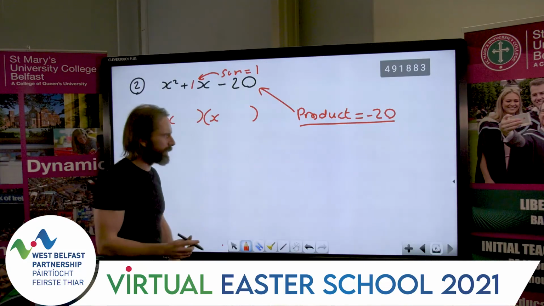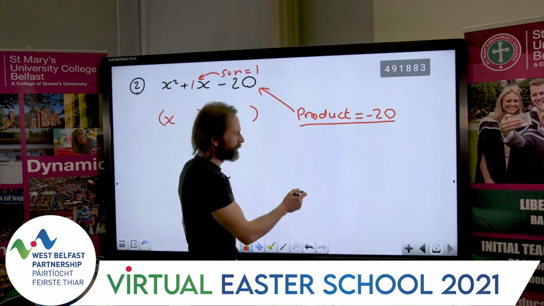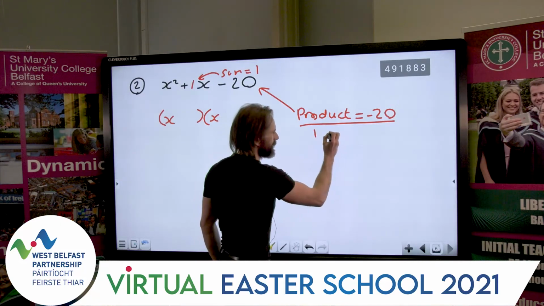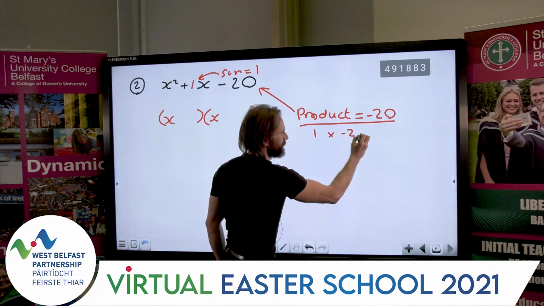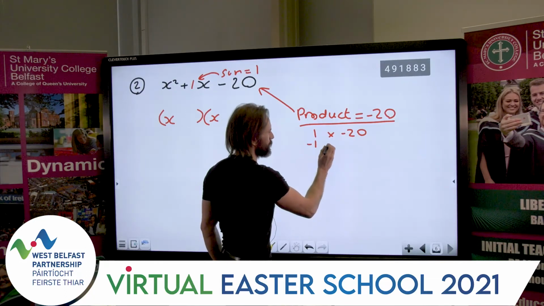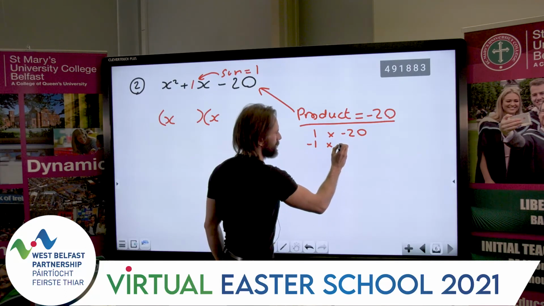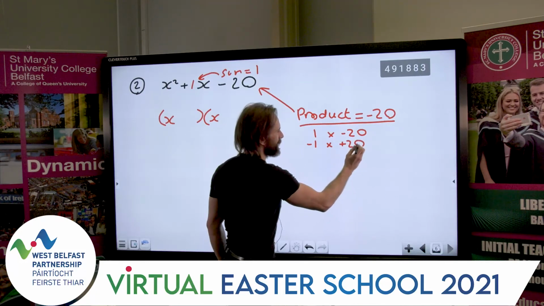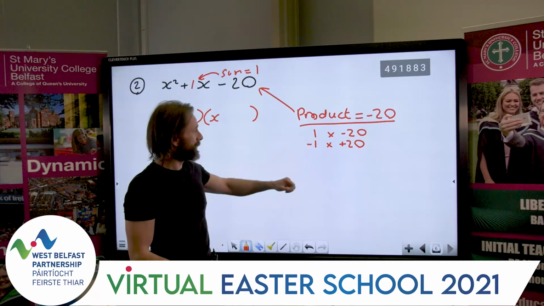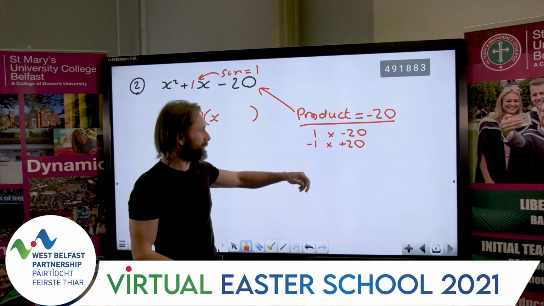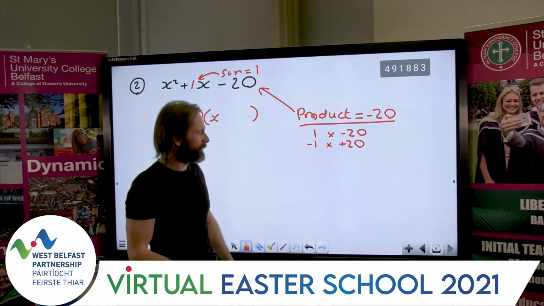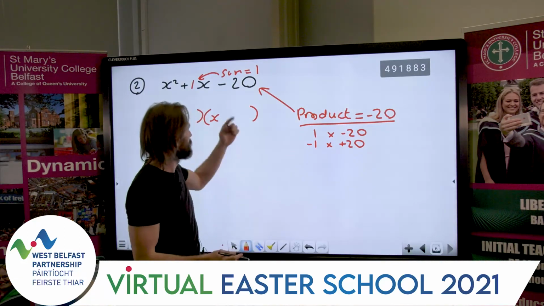So if I work my way through the different possible products that give me minus 20, I could have, say, 1 times minus 20, so a positive and a negative, or I could have minus 1 times plus 20. But looking at those, and again, if I was to add them, so 1 plus minus 20 would give me minus 19, that's way off the mark. Minus 1 plus 20 will give me positive 19, so again, that's way off the mark.